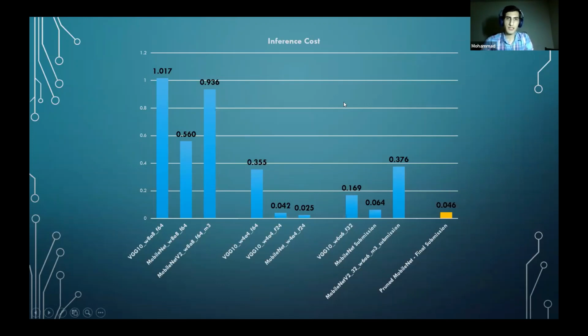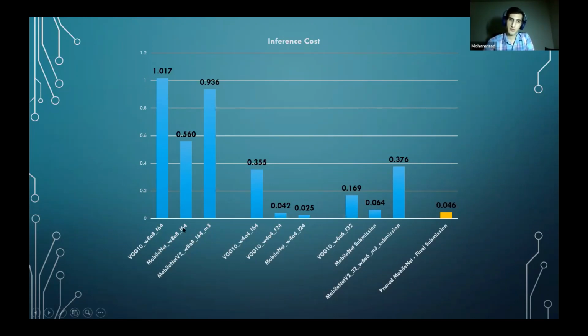So let's take a step back and look at the inference costs that were possible in my case. For example, here we have the VGG10, which has a precision of 8 bits and 64 filters. In this family, all of them have the same. And as you can see, even with the expansion ratio of 3, the MobileNet V2 is pretty much useless. Or in the third case, you can see that even the MobileNet V2 is performing worse than the other two candidates.